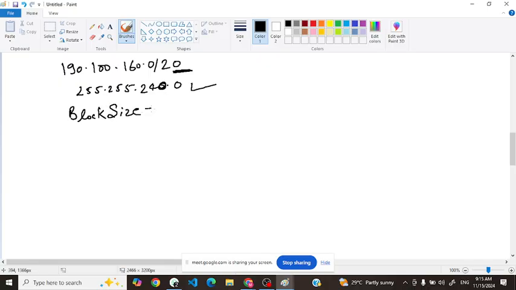What will the block size be, Lakshman? Block size will be 16. Number of networks will be 2 power 4.